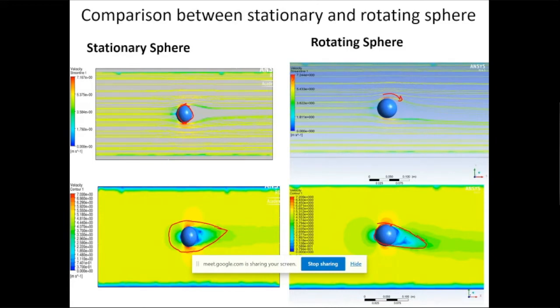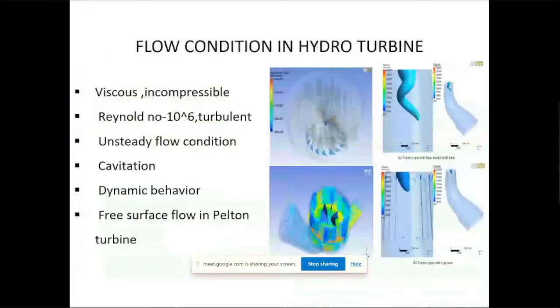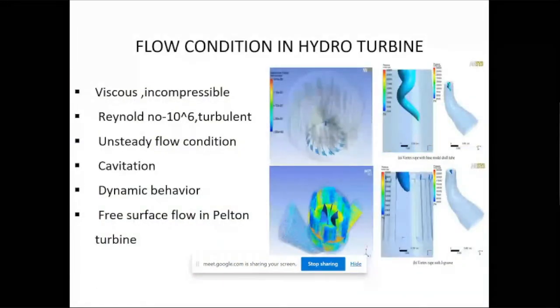Now I am just focusing my discussion on the hydro turbine field. There you know the condition of the flow in the hydro turbines is very complex. Very complex because there is a rotation of the runner.